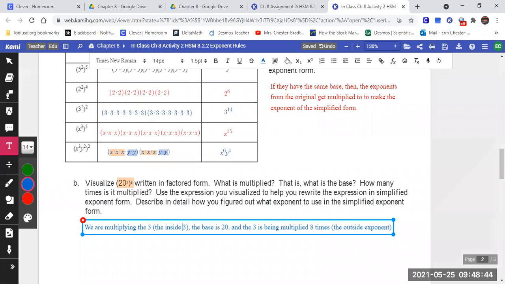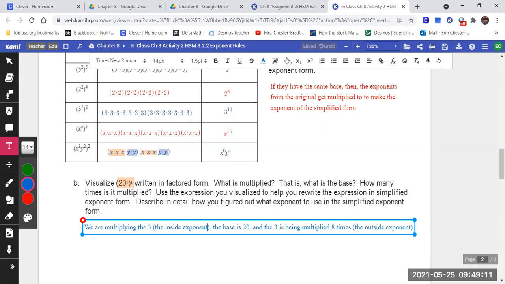The inside exponent, right? That way, we're not linking it only to the numbers 3 and 8. We're linking it to the idea that the inside exponent is the one that gets multiplied. The base is still the big number, and it's multiplied times the outside exponent.